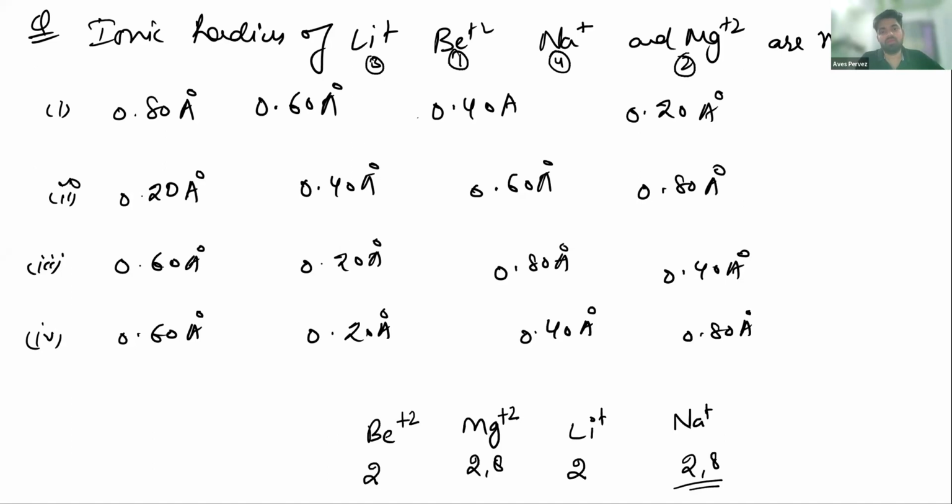This one should be the smallest. The second smallest should be magnesium. Then we have the third, this one. So C is the correct option. Got it? Noted this one.